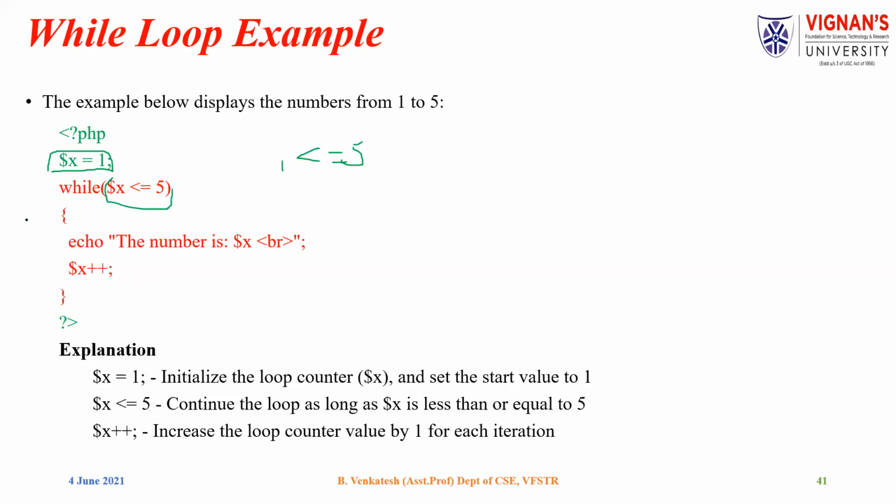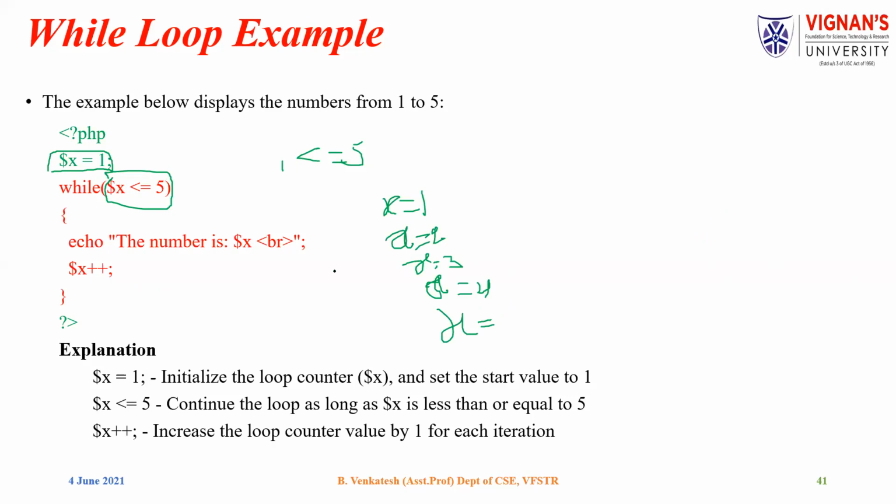So this execution is going to happen for x equal to 1, 2, 3, 4 and 5. Then when x equal to 6, the condition is false.